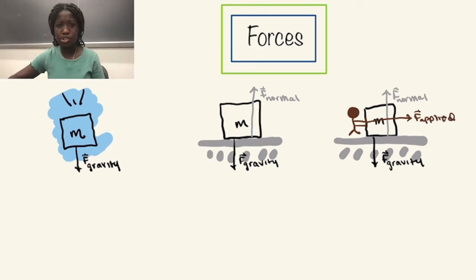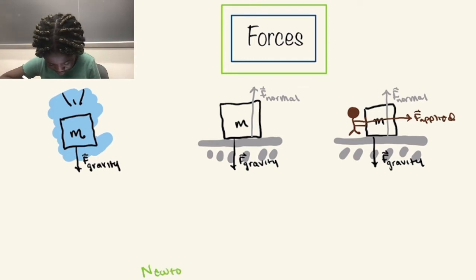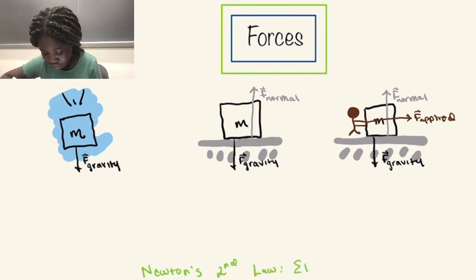Now, in each of these 3 scenarios, the block is what physicists consider a free body, and free bodies obey Newton's second law. Newton's second law states that the sum of all forces on a free body is equal to the free body's mass times the acceleration.